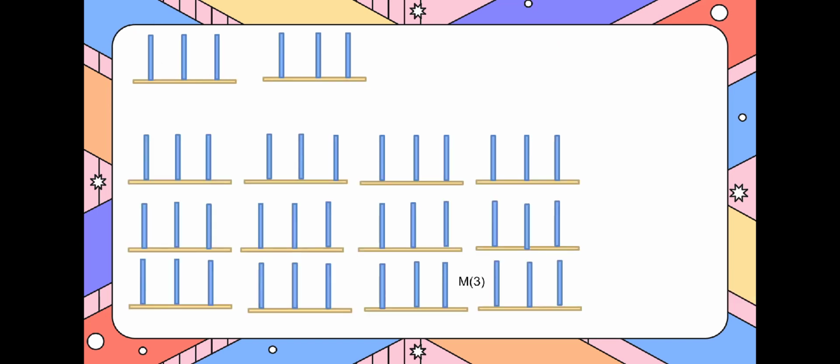Now, let's try to make that recursive pattern into a mathematical formula. So let's start with 1 disc. M of 1 is equal to 1 move. And we have disc 2, or M of 2 is equal to 3.